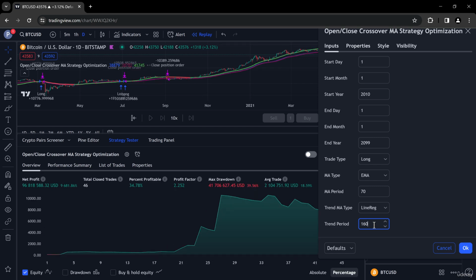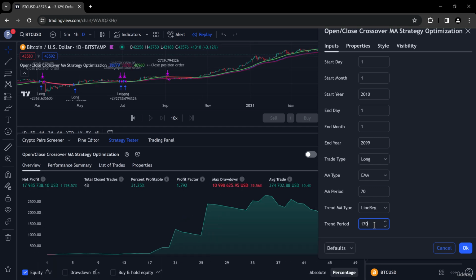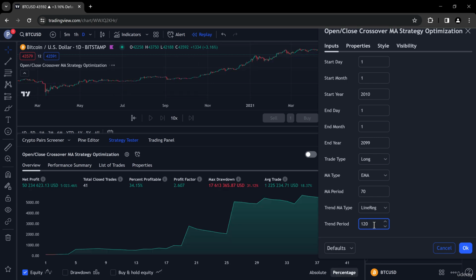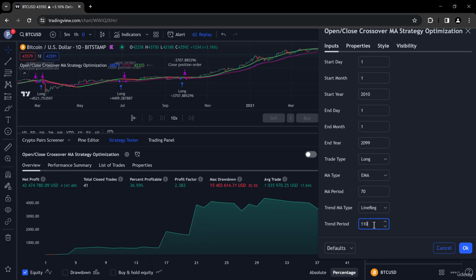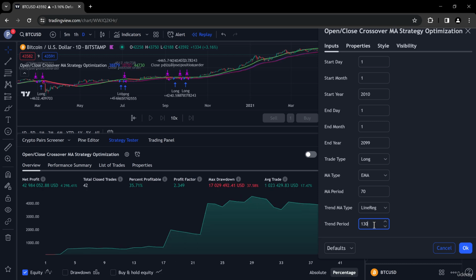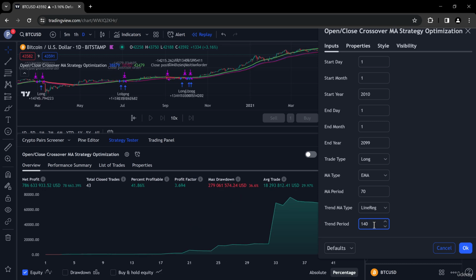So it's becoming less and less. So let's try to move in a different direction for the trend period. No, actually, we did not get a better value for net profit. So the value of 140 looks optimal for now.